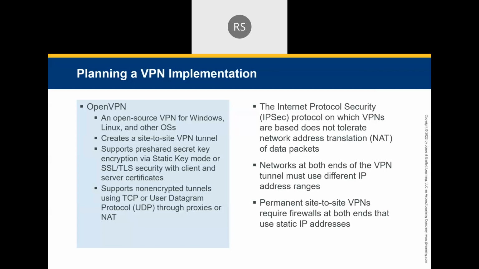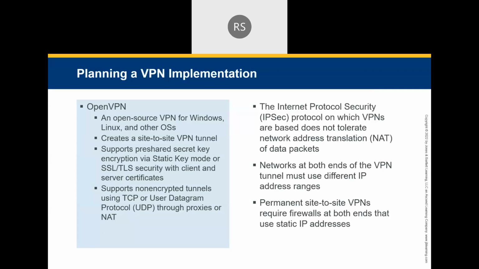On that, the networks at both ends of the VPN tunnel must use different IP address ranges to avoid conflicts. Internet Protocol security, on which the VPNs are based, does not tolerate network address translation of data packets.